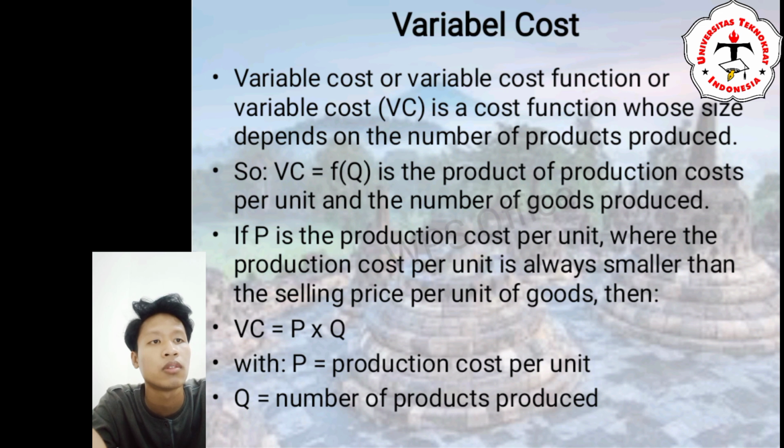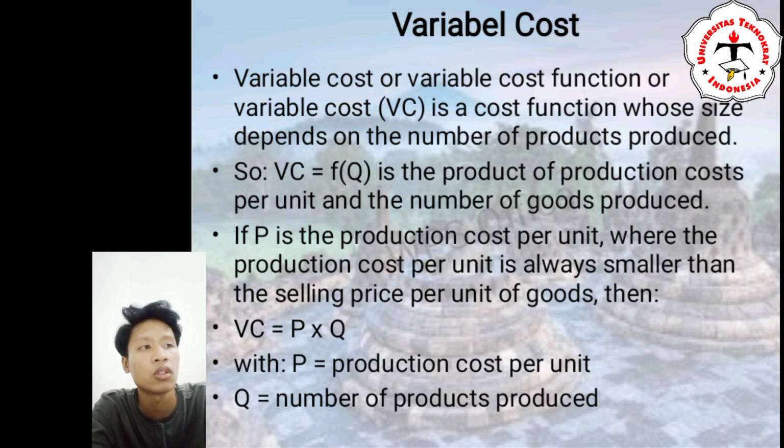Variable cost. Variable cost or variable cost function, VC, is a cost function whose size depends on the number of products produced. So VC is the product of the production cost per unit and the number of goods produced.